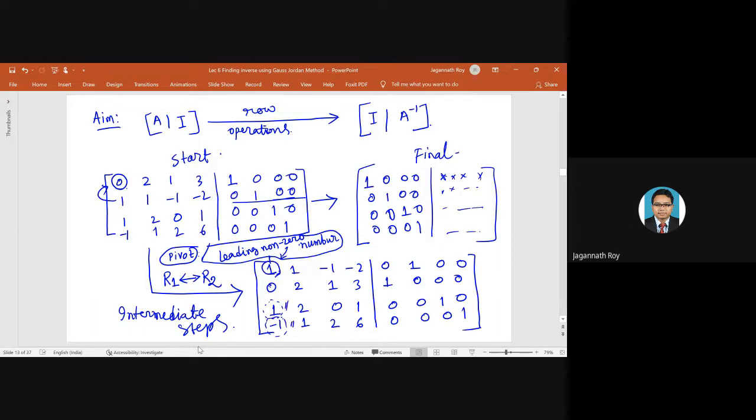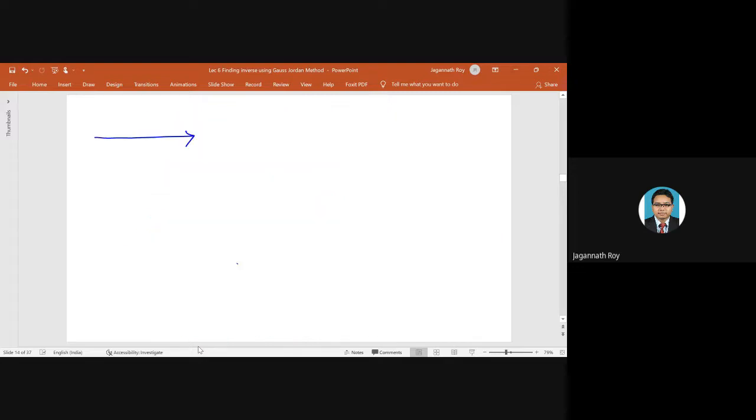So how do we do that? This is R3 minus R1 and R4 plus R1. So let us write down: R3 minus R1 and R4 minus, sorry, not minus, it should be plus R1.